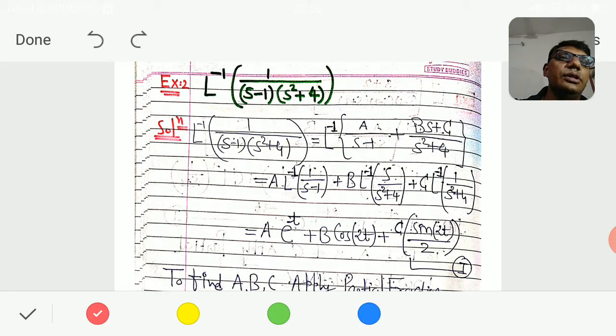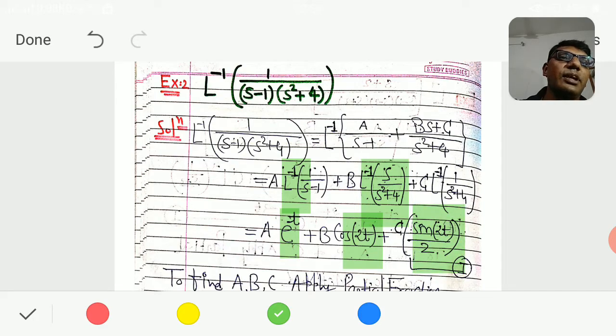Now a into e raised to t, because the inverse Laplace of this portion is e raised to t. L inverse of s upon s square plus 4 is cos 2t, and L inverse of 1 upon s square plus 4 is sin 2t by 2.